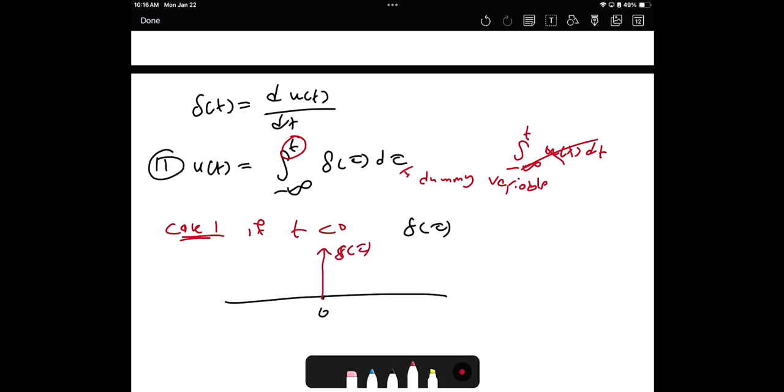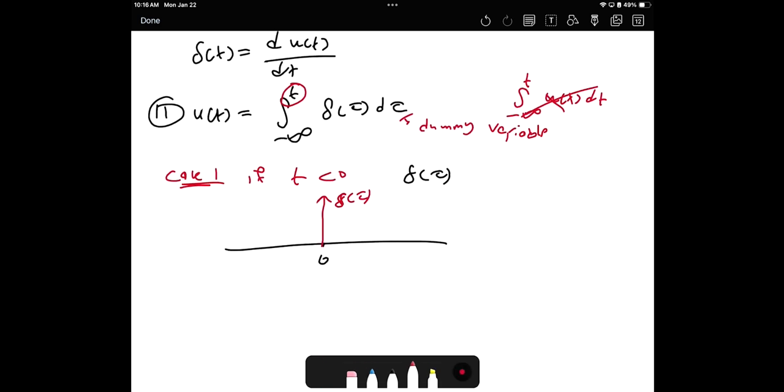And if I make t less than 0, which means a negative number, here is t, and here is negative infinity, so my integral is outside of the arrow, therefore it will be 0. So it's the integral between negative infinity to t of 0 d tau, which is going to be 0.